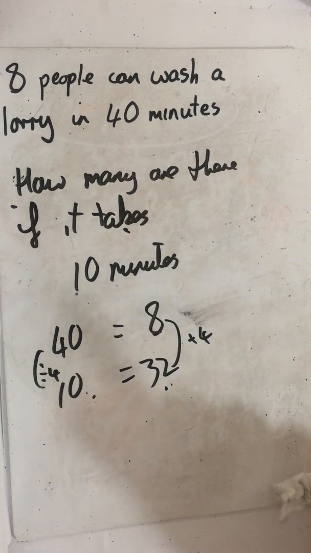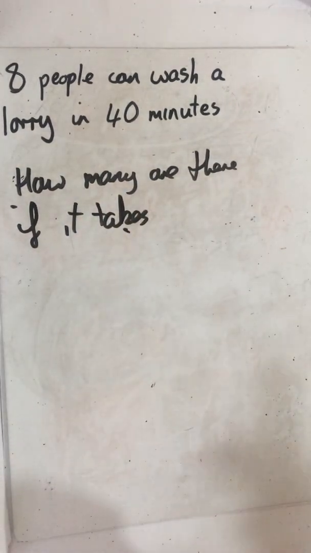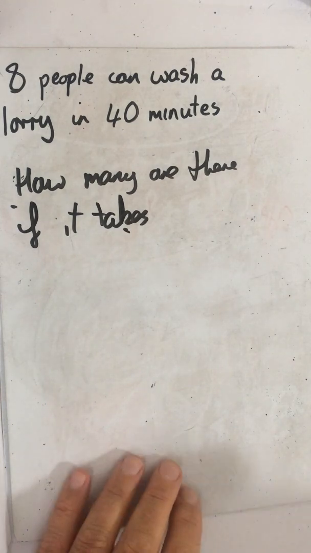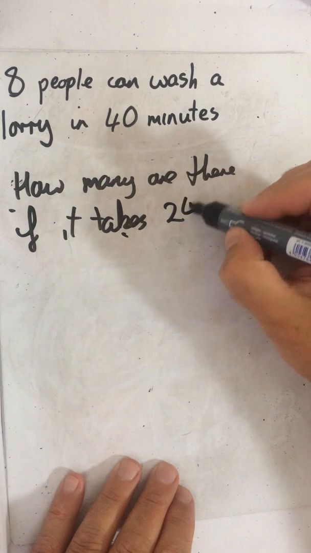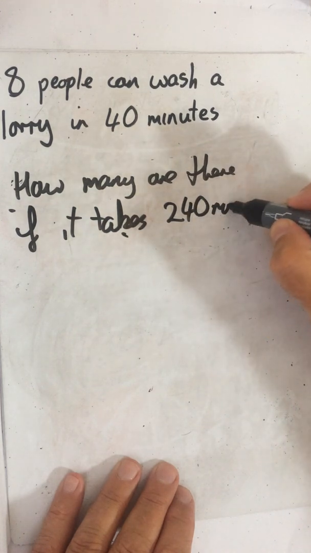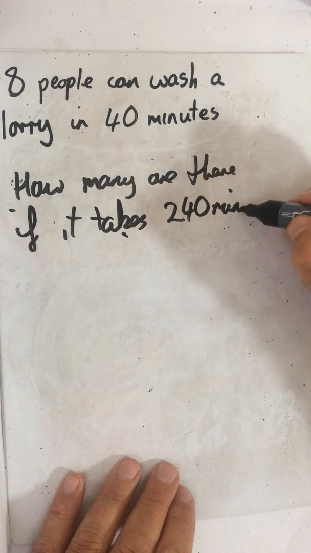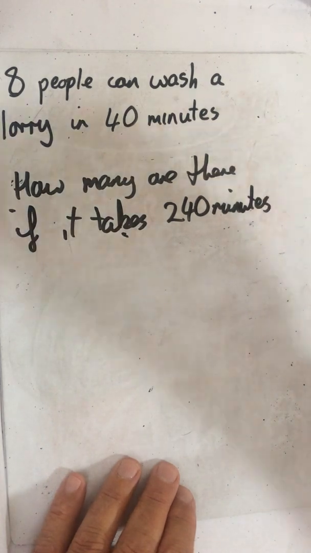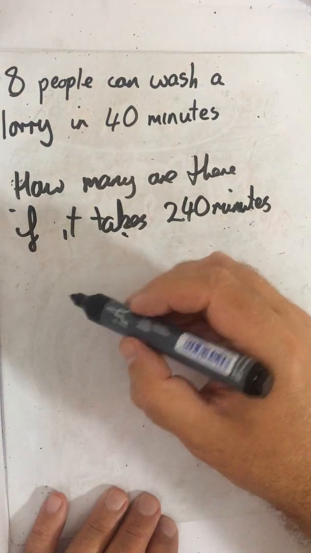Right, let's just do one more. How many are there if it takes 240 minutes? It takes 240 minutes, 6, 12, 18, 24. 4 hours is taken now to wash this lorry. So again, let's write down what we know.